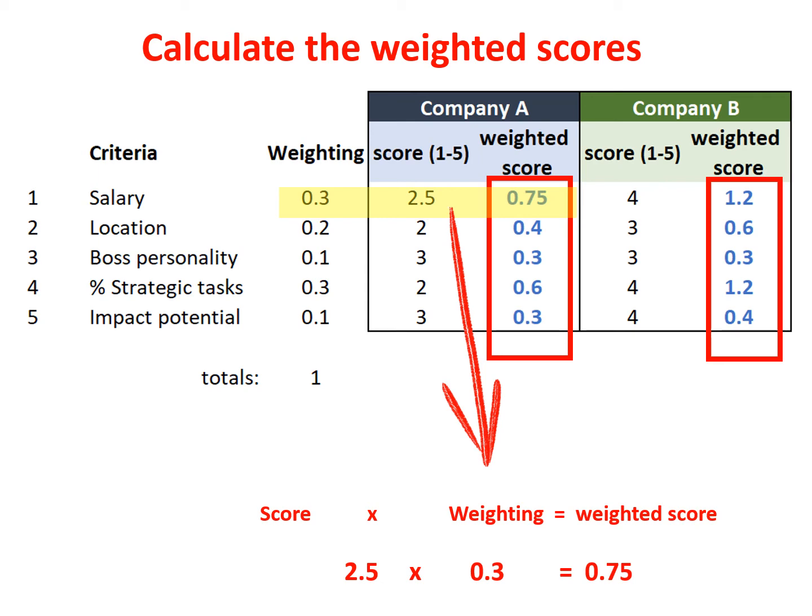His score was 2.5, so we multiply it by 0.3 for the weighting, which represents the 30%, and we come to a weighted score of 0.75. Equally for company B, he would do 0.3 times 4. You can either use a spreadsheet that does it automatically, or if you have to do it by hand, this is how you would do that.